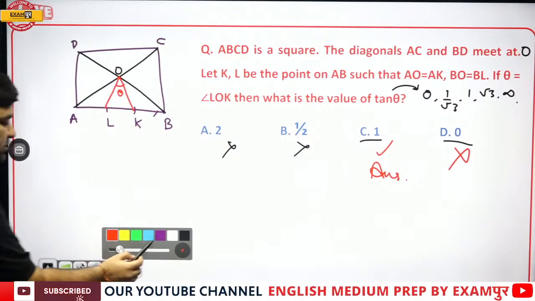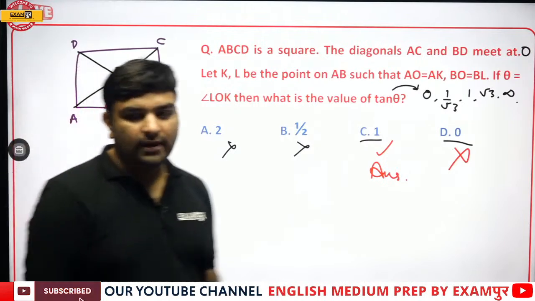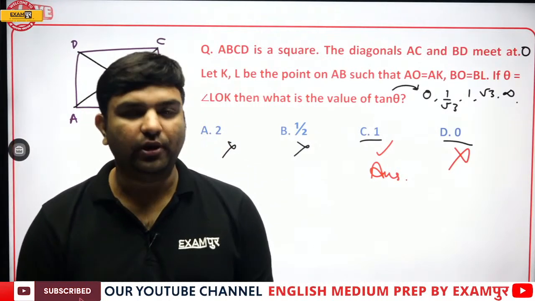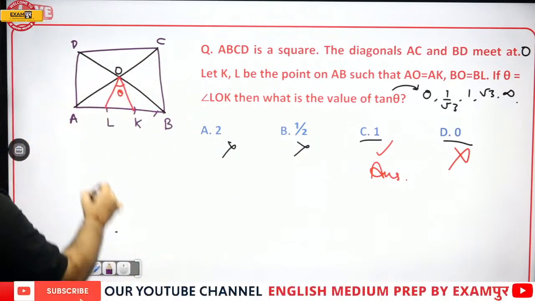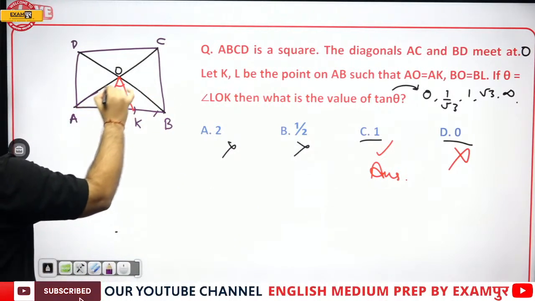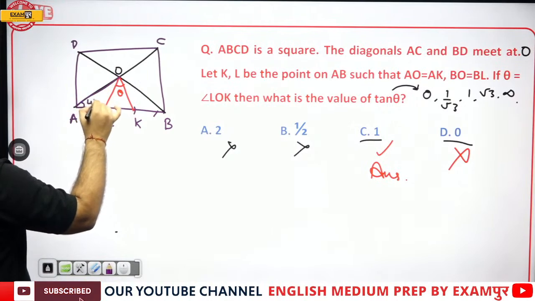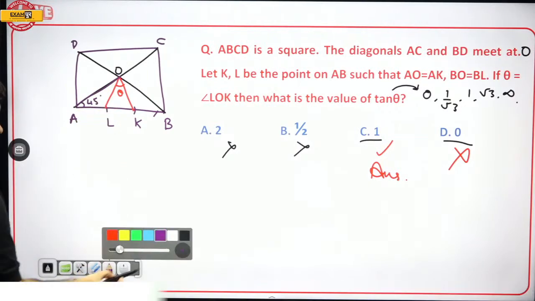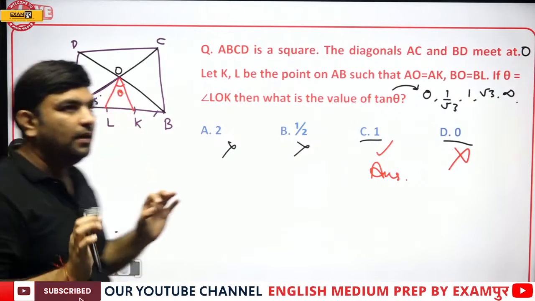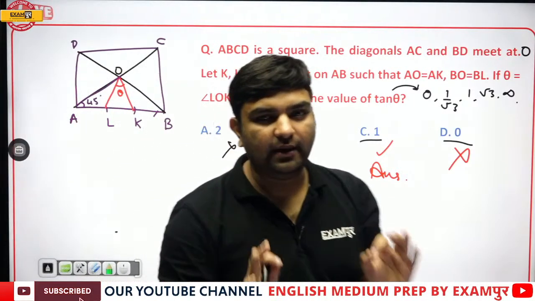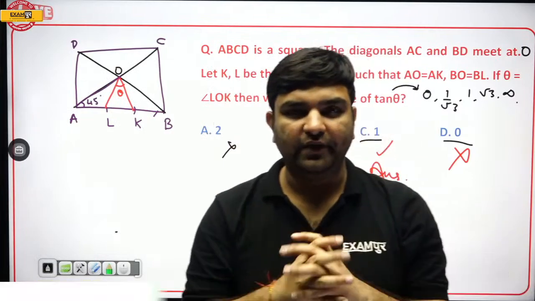You know, guys, in squares, diagonals are the angle bisectors as well. So, this is 45. After 45, how much angle is remaining? 135.